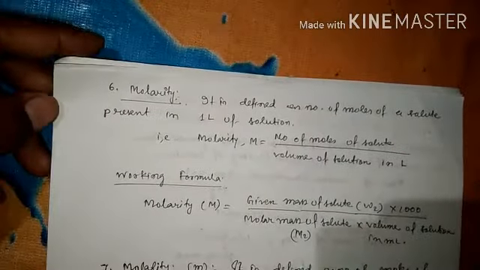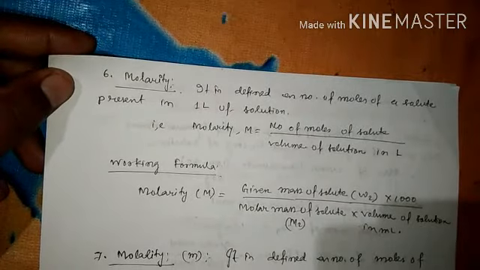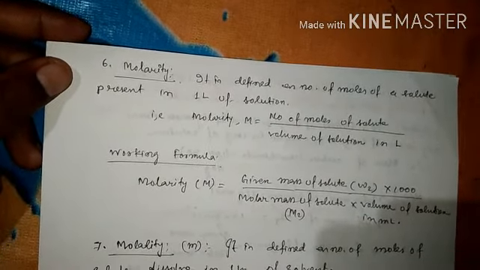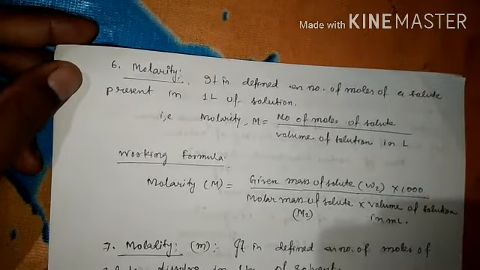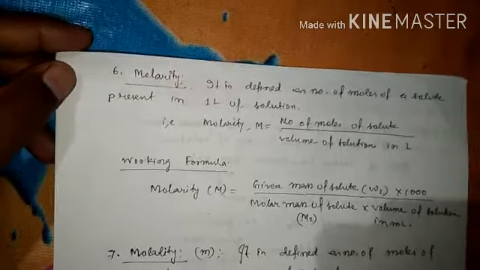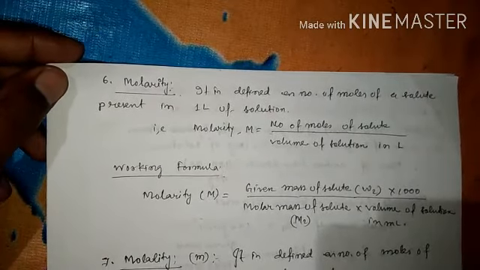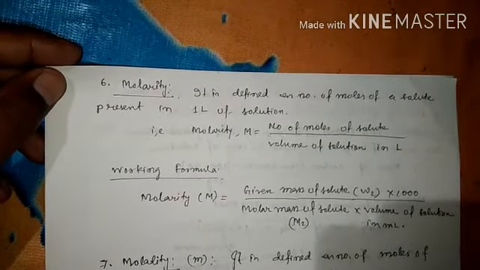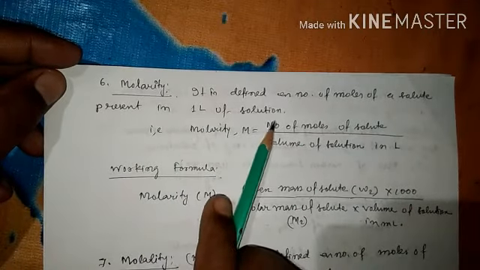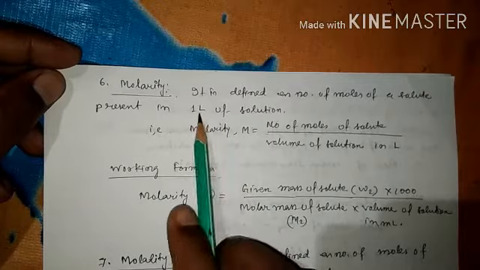Next, the molality. As you know from class 11, what are molality, normality, and molarity? We'll just go through once again. Molarity is defined as the moles of solute present in 1 liter of the solution. Remember, 1 liter of the solution.